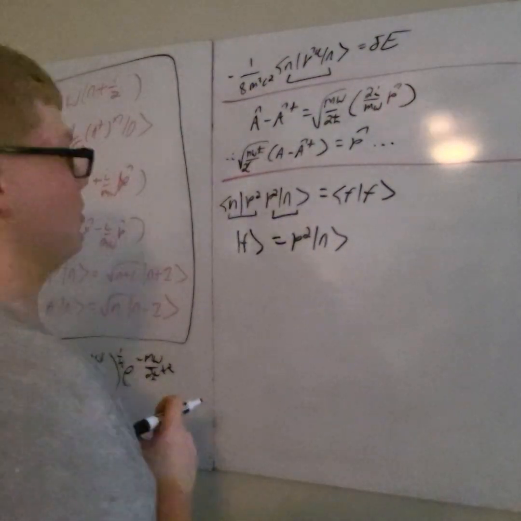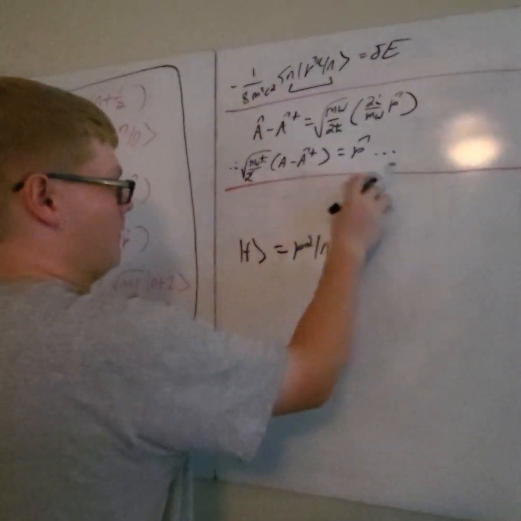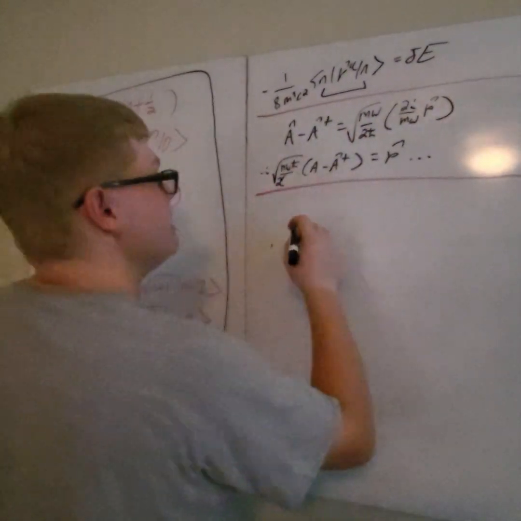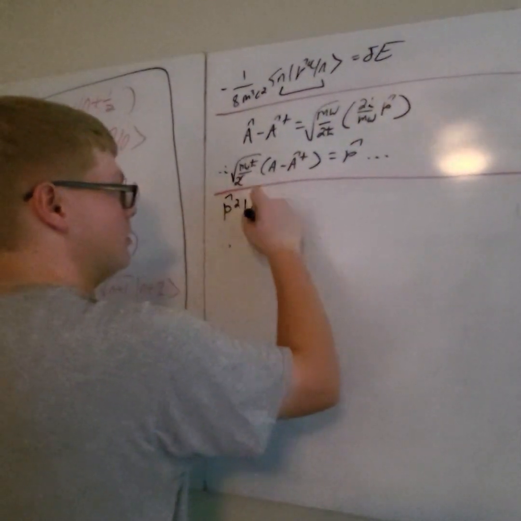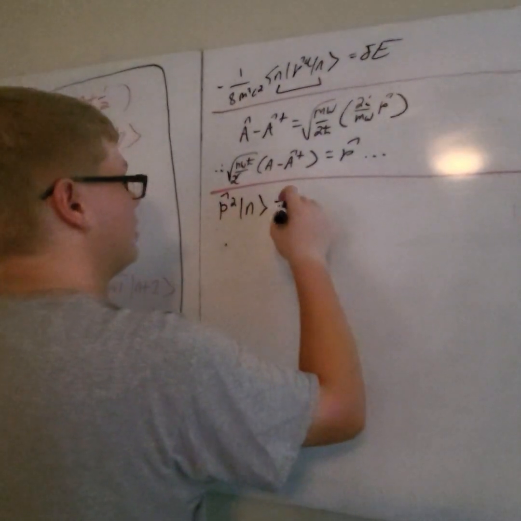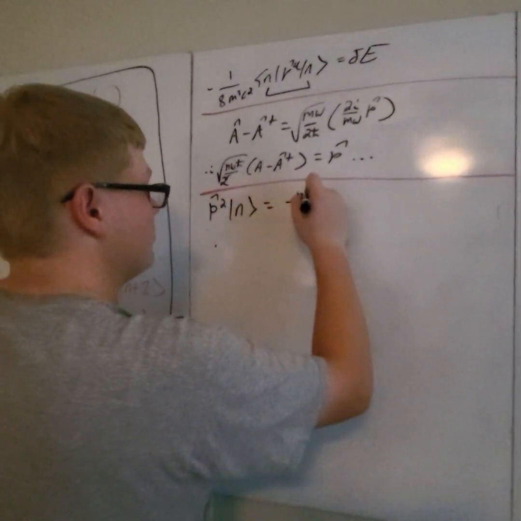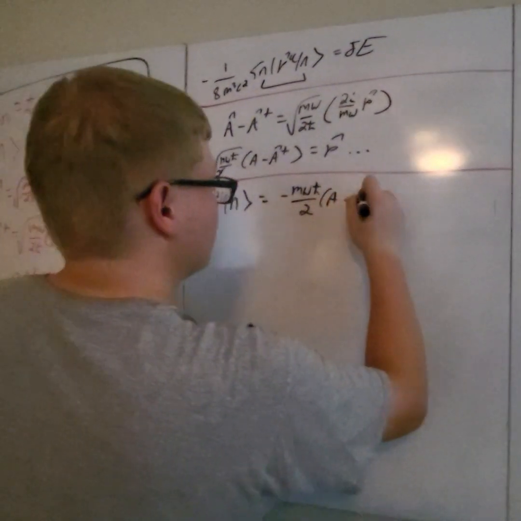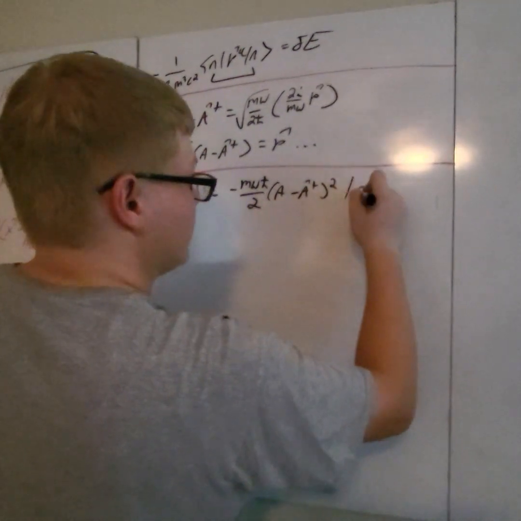So that means then we can substitute that in. We want to calculate the square of that operator, negative mwħ over 2, (a minus a plus) squared, on n.